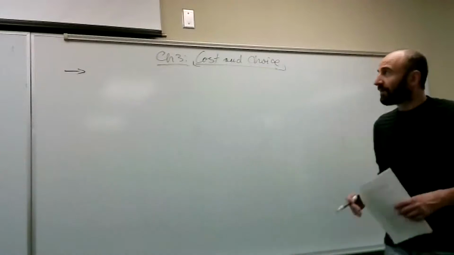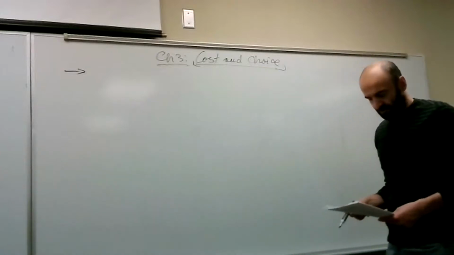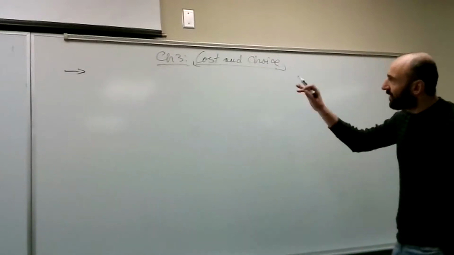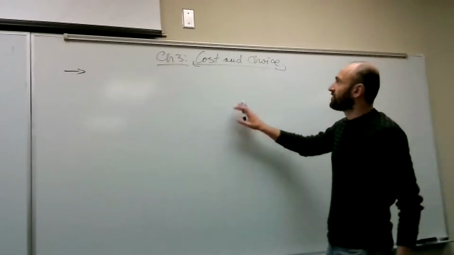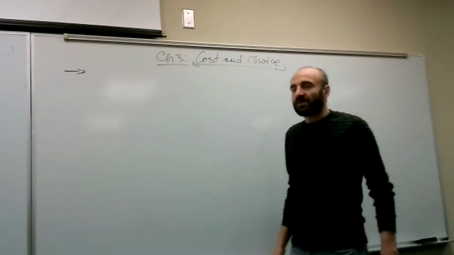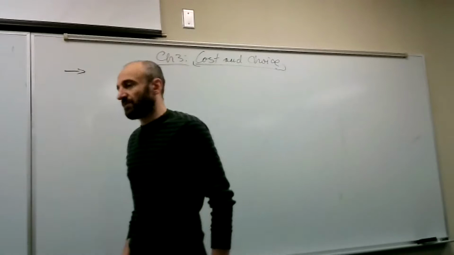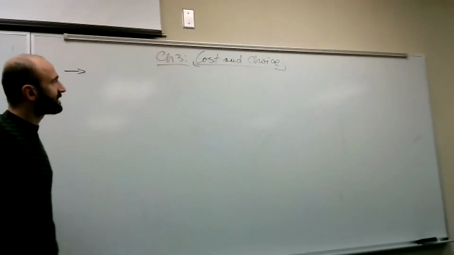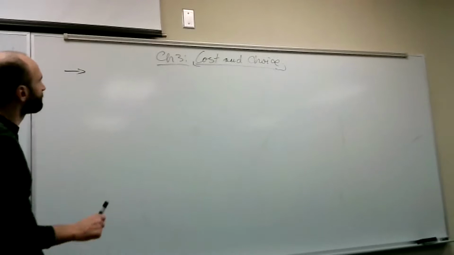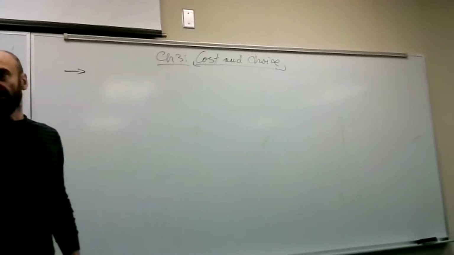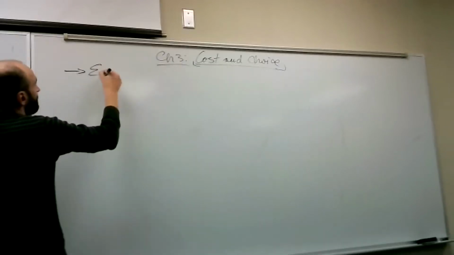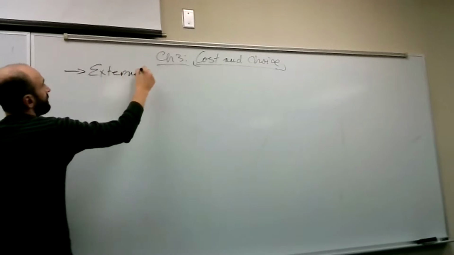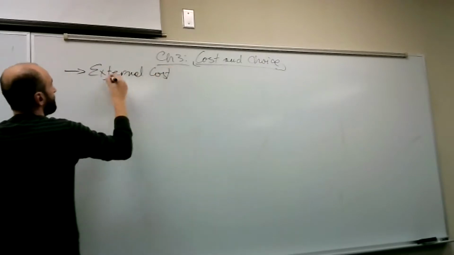Here we're going to follow up with a few finer points about the nature of cost, and we're going to introduce one concept that will be discussed maybe even more later on. That is related to the concept of cost. It's the concept of external costs, or externalities.